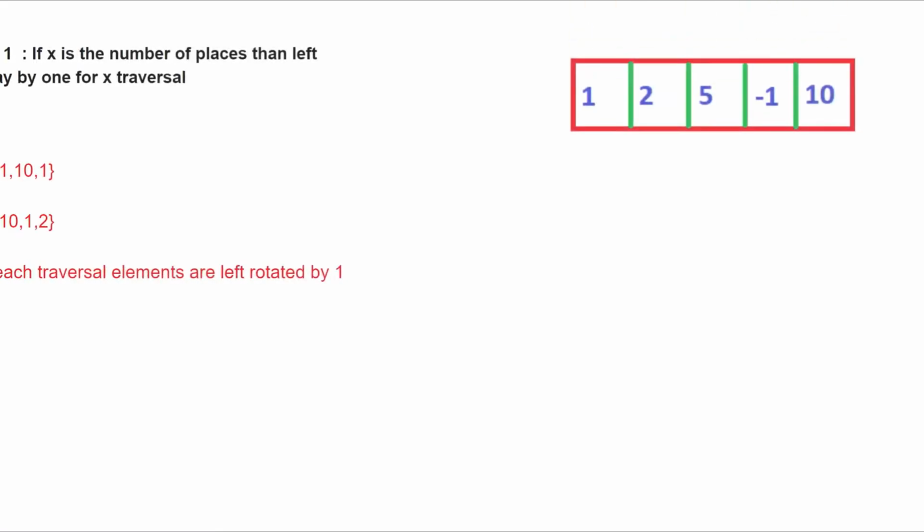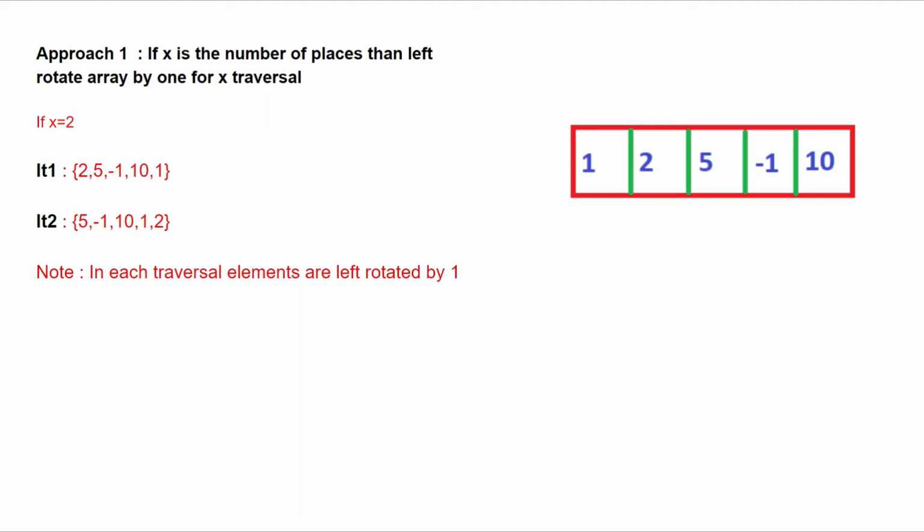Approach 1 is where we will simply do the left rotation by 1 for the given number of places. That is, we will left rotate our array elements by 1, x times. So if x equals 2, then in iteration 1, our elements will be left rotated by 1.